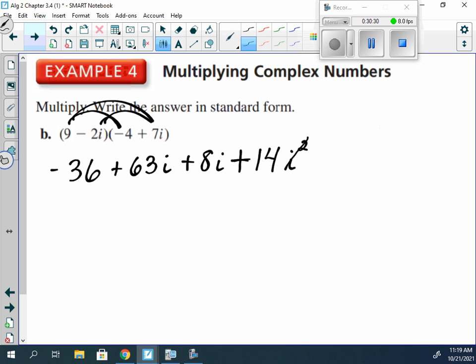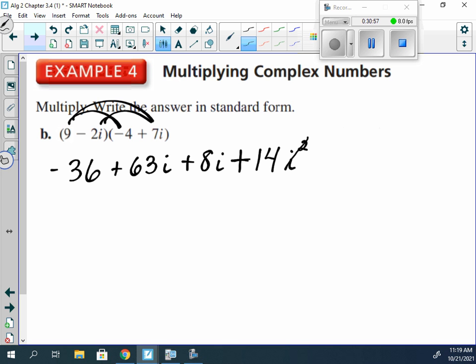Since it was negative, it's now going to become positive. If it was positive, it's going to become negative. And if it's positive, I will just cross out the positive sign and write a negative above it, just so I know that it changed. Because we could have rewritten it out and had 14 times negative 1 and got the same thing.